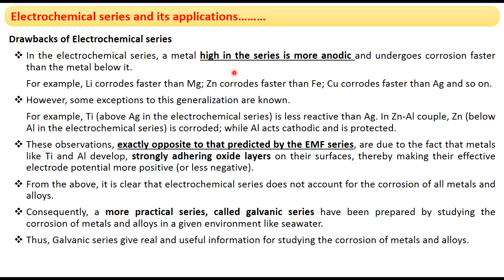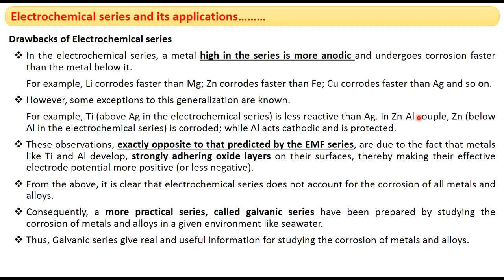So this is the general trend of the electrochemical series, but there are some exceptions, like titanium. Titanium is actually above silver in the electrochemical series. According to the electrochemical series, titanium should act as anode and silver should act as cathode. But opposite to that, titanium acts as cathode and silver acts as anode.